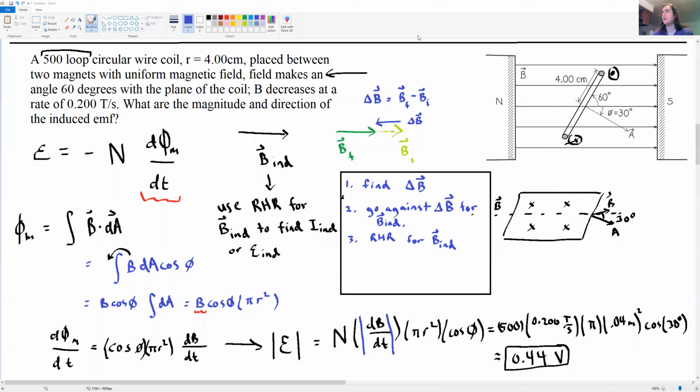Hopefully, you're using your right hand right now to figure out that direction yourself. I already have it labeled, maybe some of you noticed, over here on the figure. It's a dot at the top, and it is a cross at the bottom.